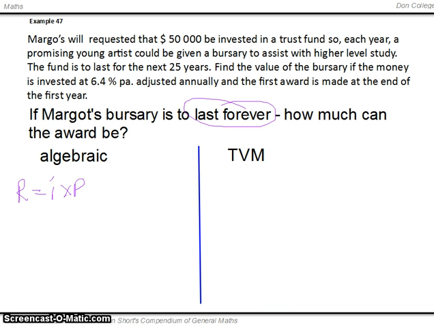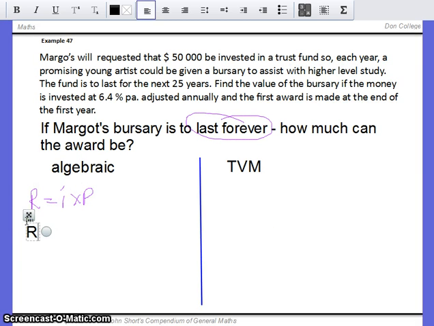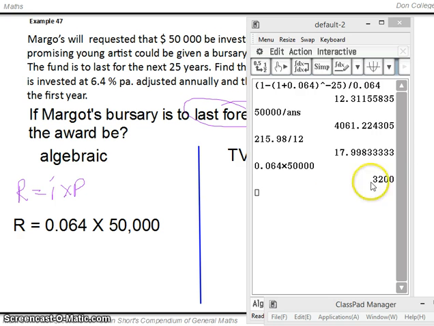The repayment amount is going to be the interest, which is 6.4% as a decimal, 0.064 per period, and it's annual, so it's divided by 1, and then multiplied by P, which is $50,000. If you do that on your calculator, you get $3,200.